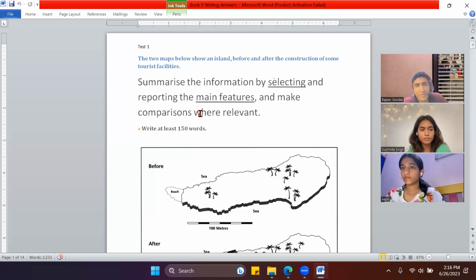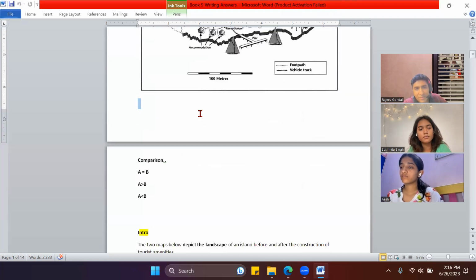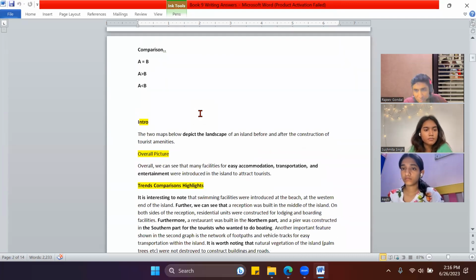Now how can you design a template which fulfills all the criteria? The template which I would suggest is this: start with an intro. Right after the intro, give an overall picture. Now, overall picture is one sentence, which is like the summary of the whole question.